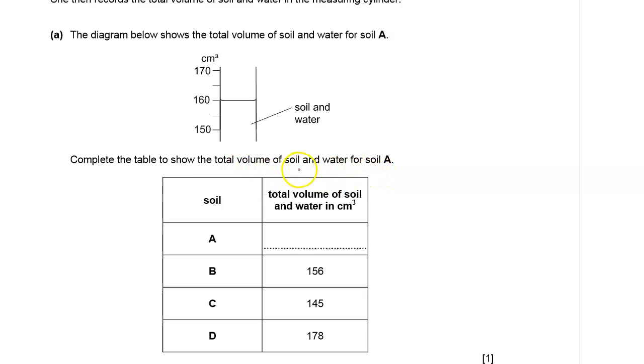Okay. So you can see the reading on the measuring cylinder here, which is showing the total volume of soil and water of soil A is at 160. That's straightforward.